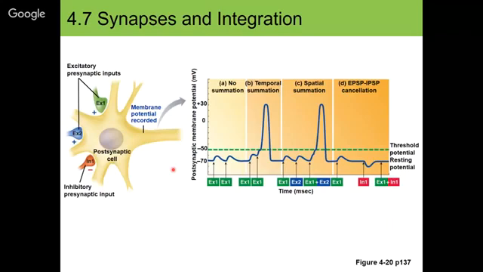So this is a simplified situation, of course, but we want to look at basically the four main scenarios that can occur. We can have a scenario A where we have no summation.